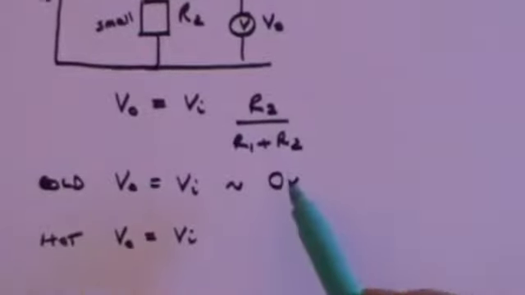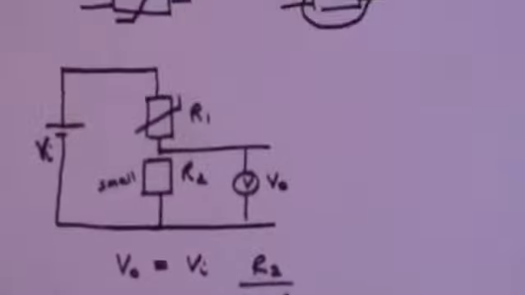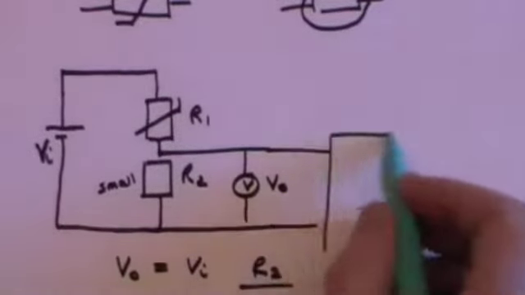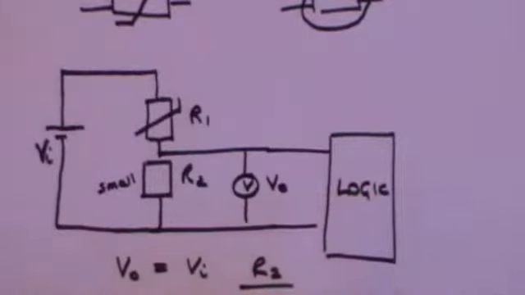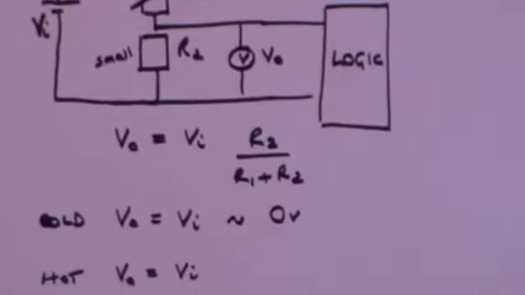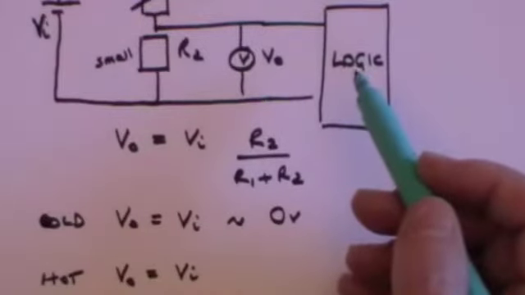So you've got an output voltage of 0 volts when it's cold, and 9 volts when it's hot, and what you do is connect this to a logic board. We haven't yet done logic boards, but what they are very good at is telling the difference between the voltages, and incidentally not only telling the difference but doing something as a consequence.